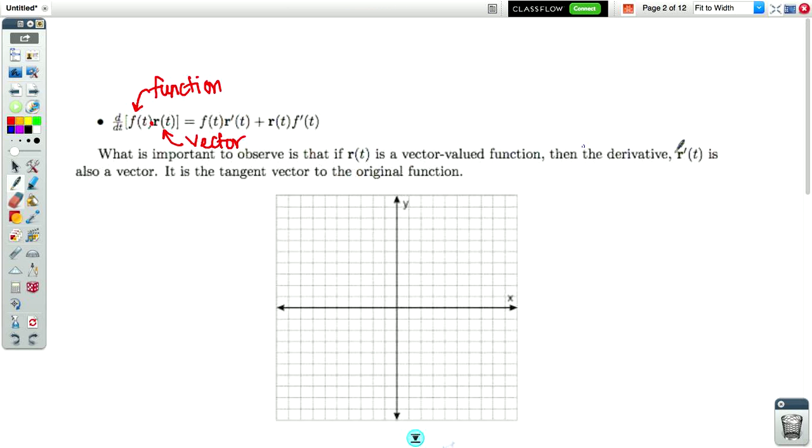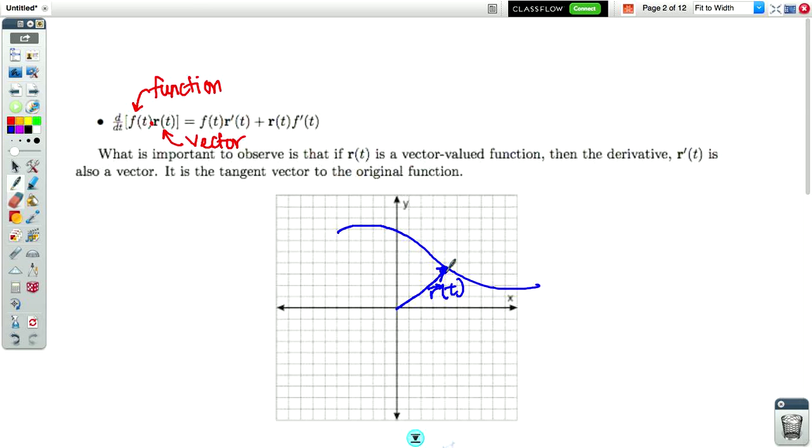So we might think about what does that look like on a graph. Now, a vector valued function is just going to be some sort of a curve traced out where every single point on the curve is a vector value.